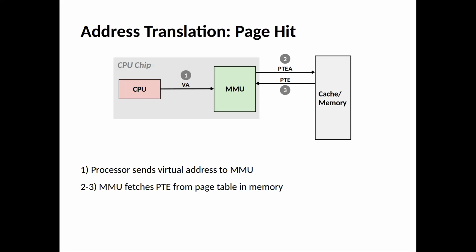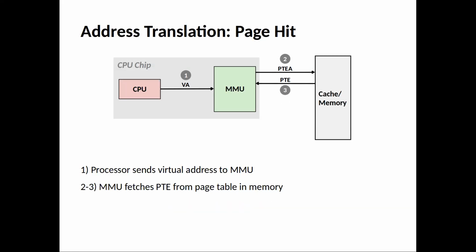Remember that the memory management unit also knows where the page table is, because the base register contains the address of the page table, and it's a physical address, as we previously mentioned, right? So therefore, it knows exactly where in physical memory it needs to read this value from, right? So it puts this address on the memory bus and retrieves the page table entry.